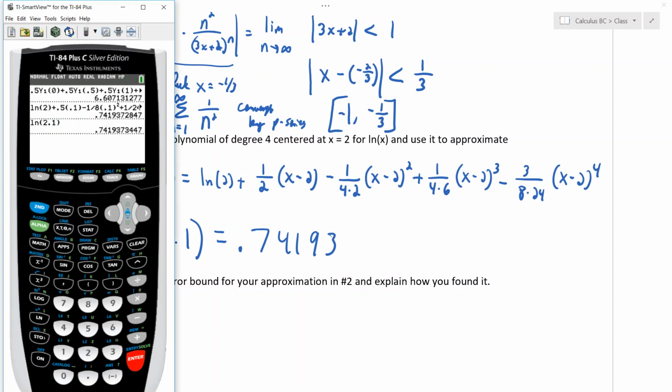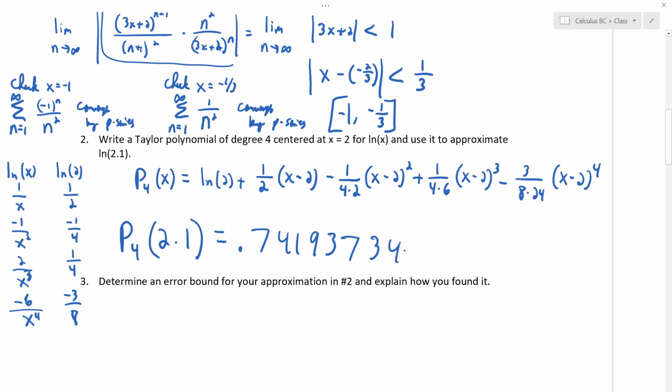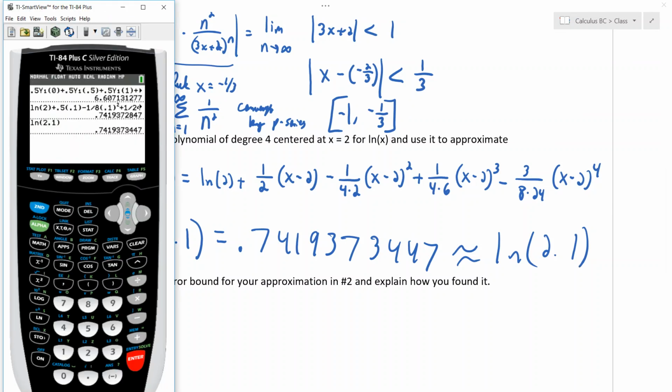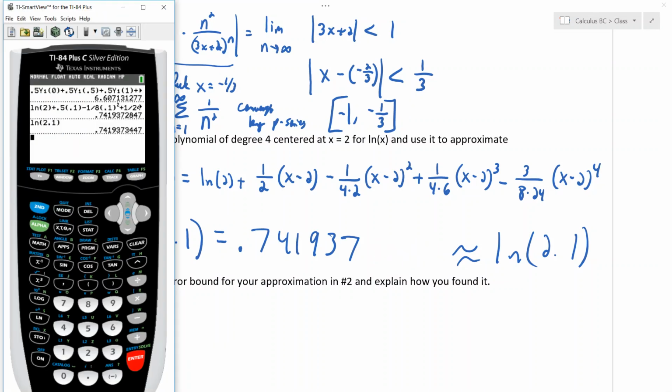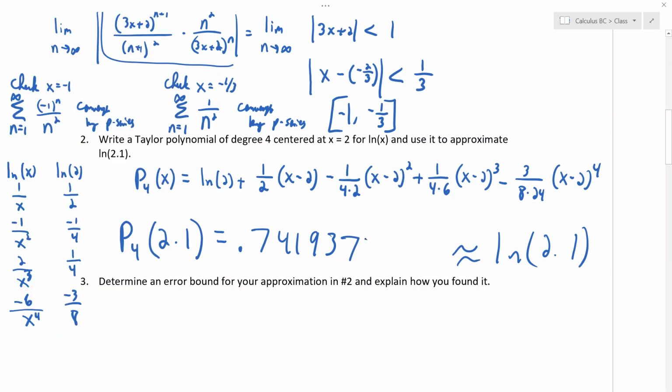That is approximately equal to the ln of 2.1. Thank you, calculator. Oh, darn it! Don't make that mistake, kids.